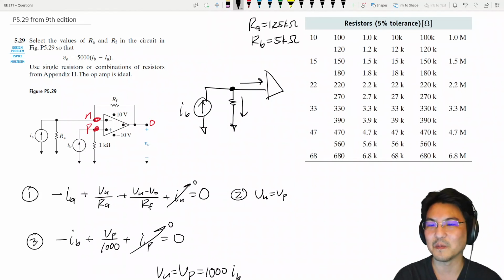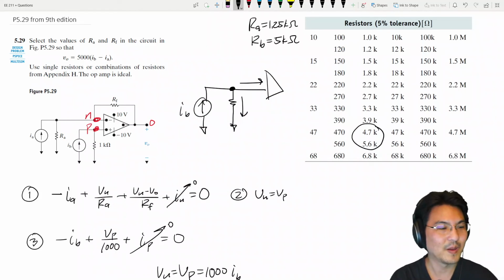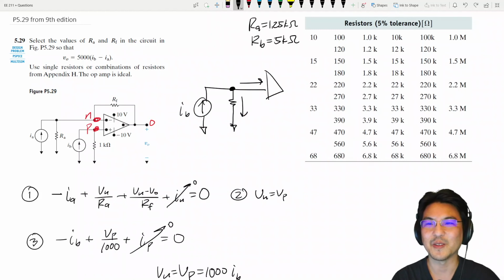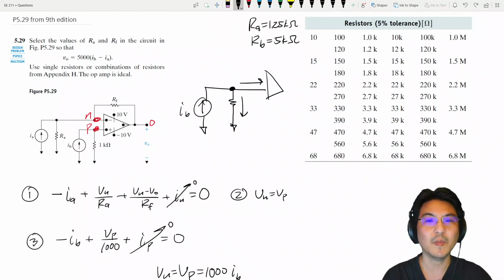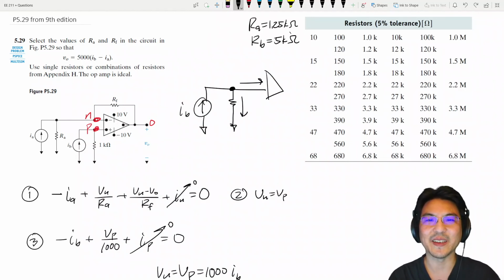But there's no 5K, right? There's also no 1.25. There's a 1.2. And, right, so if you take 1.2 plus 50, there's no 50. Right, so you see what I mean? So how do we do this? So whatever it takes to combine to get these two.